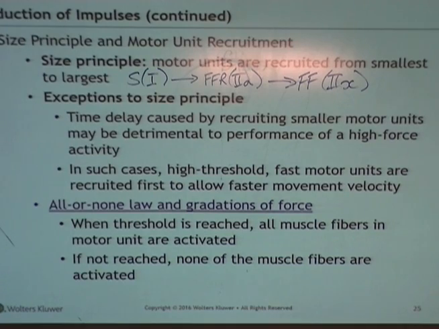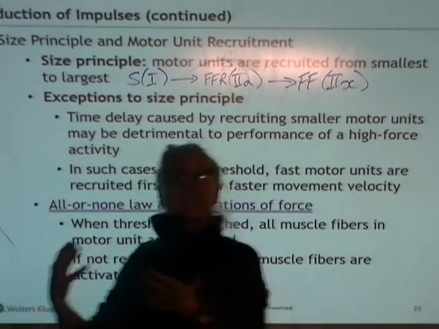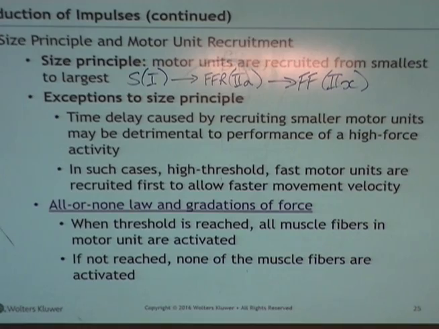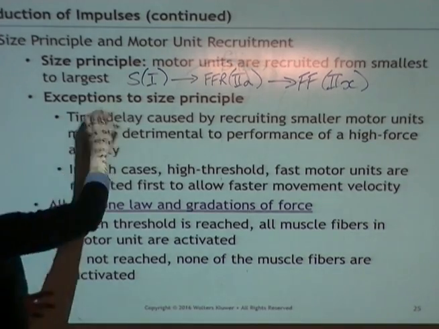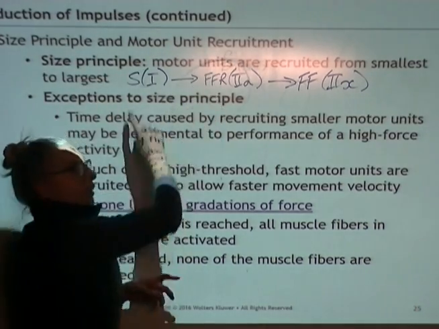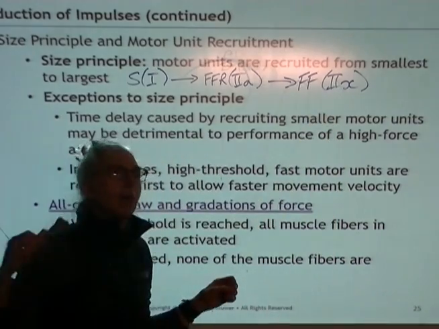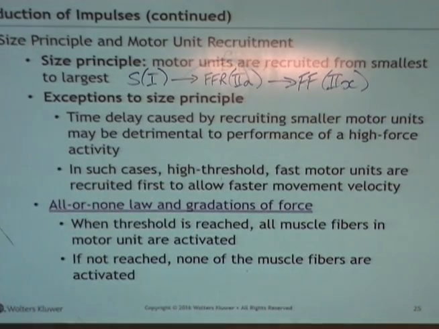So what we do when we train starts is we train overriding the principle so that we can turn these on straight away and explode out of the blocks or off the little stool thing on the pool.